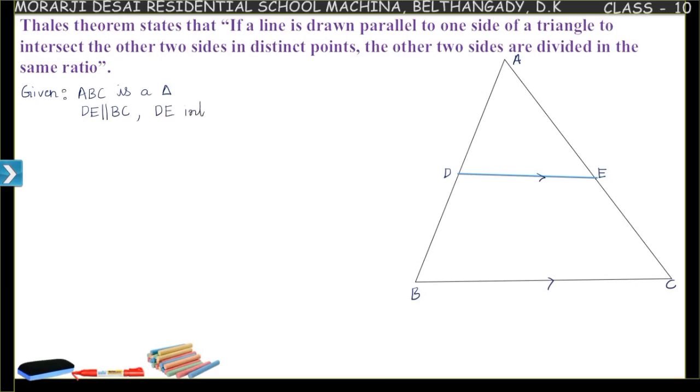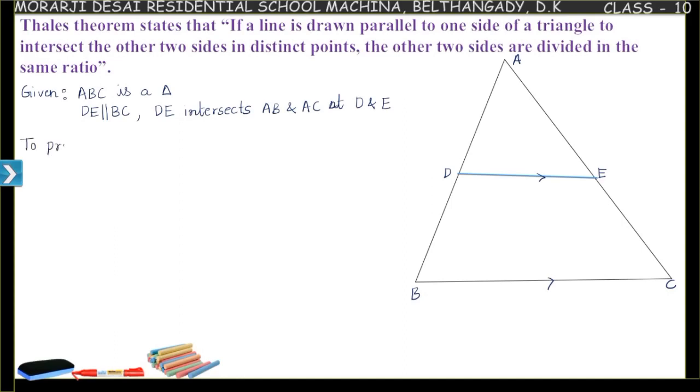DE intersects the other two sides, AB and AC, at D and E. This much is given. Now what do you have to prove?